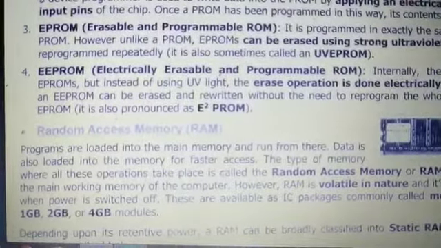Okay, so first we will see what dynamic RAM is. Dynamic memory is also a volatile memory, because static and dynamic are both RAM, so both are volatile in nature. In case of dynamic memory, the basic memory cells consist of a transistor and a capacitor.